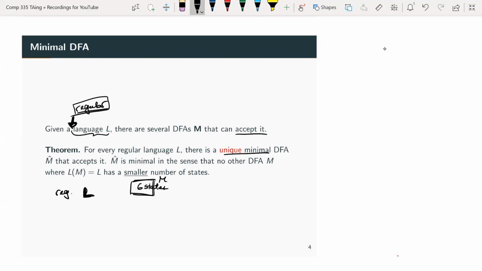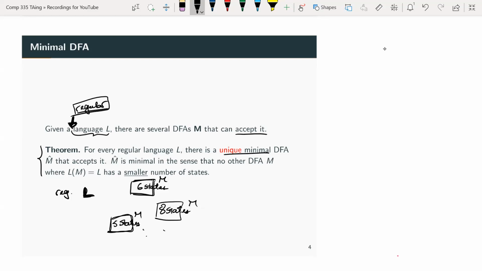Then maybe another student is going to come and create a DFA with a bit more states, let's say 8 states. And then maybe another student is going to see a shortcut, and he or she is going to draw or create a DFA with, let's say, 5 states. And essentially the list can go on.